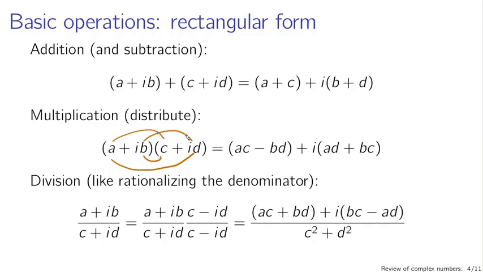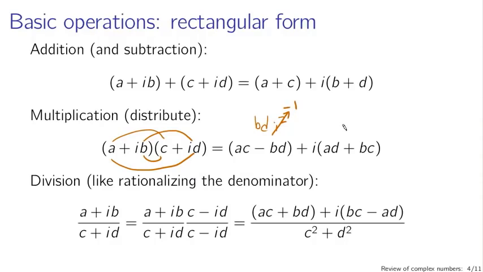Whereas ib times id, both being purely imaginary numbers, you'll end up with b times d times i squared, and i squared is minus 1. So you just end up with minus bd, which is what we see here. Otherwise, the imaginary part is perhaps a little easier to understand. You have i times b times c, and you have a times i times d, both of which end up with plus signs in the imaginary part.